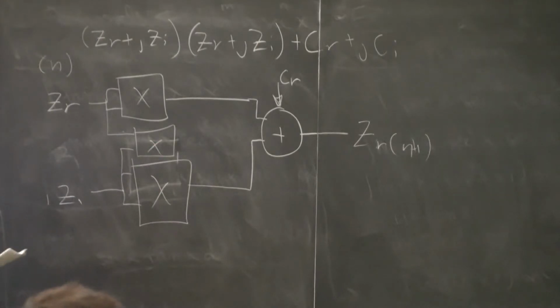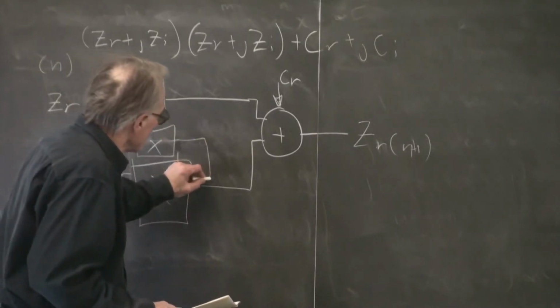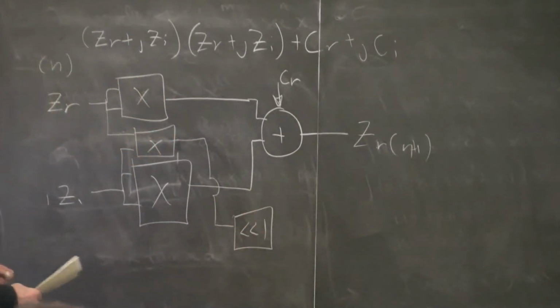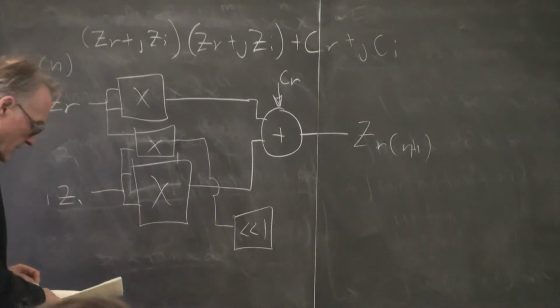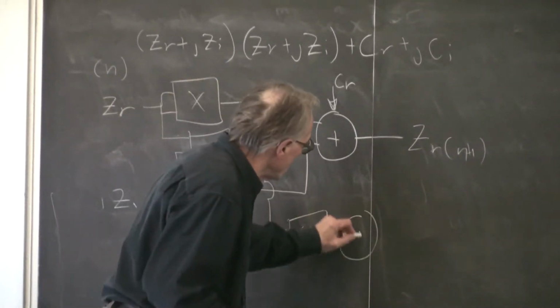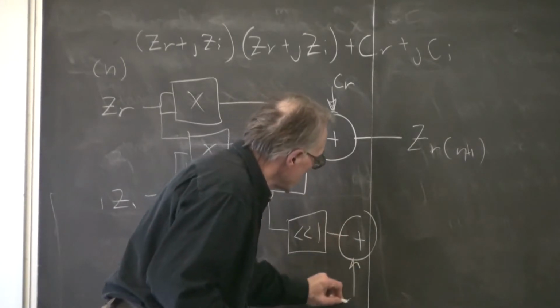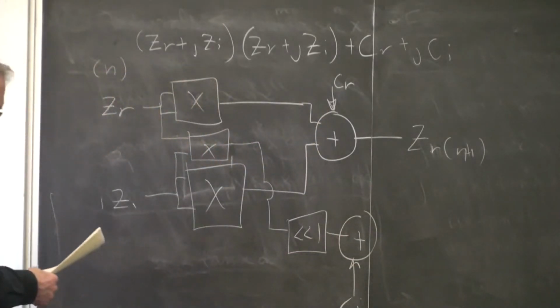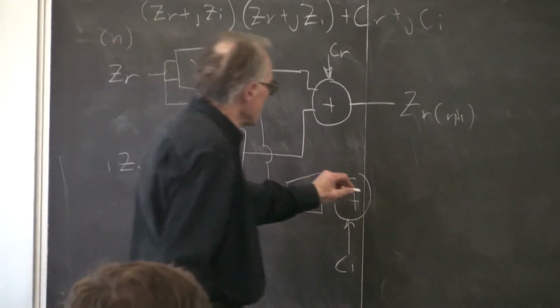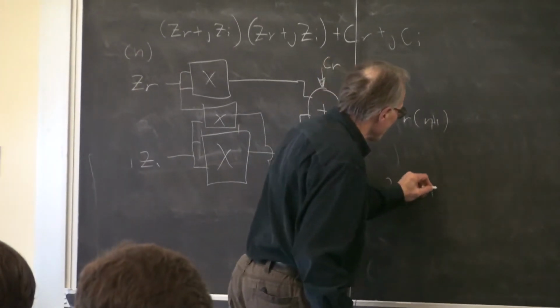And this is going to then be multiplied by 2 and added to CI to form Z imaginary at time n plus 1.